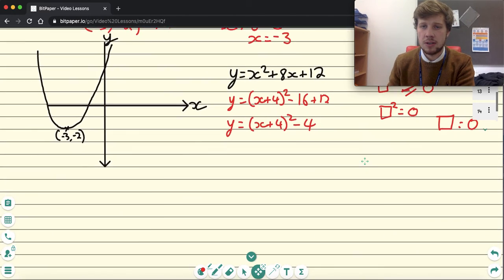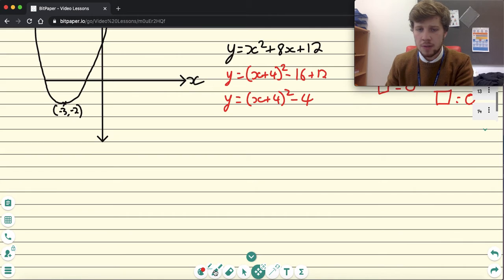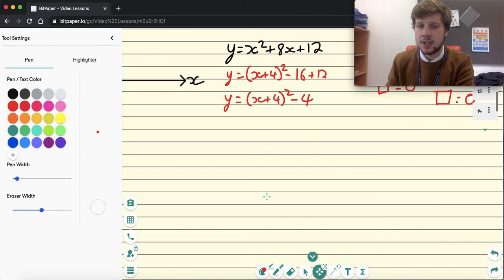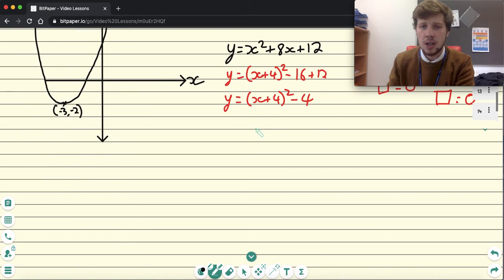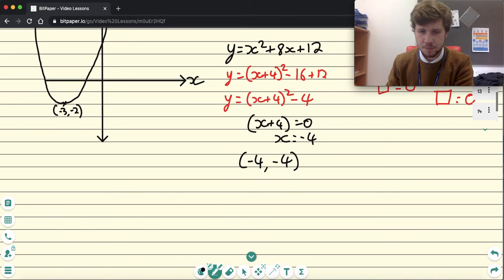I'm just going to scroll down and give myself some more room. From here then, I know what my turning point is. My turning point is going to have an x coordinate of negative 4, because that's when x plus 4 equals 0. X is equal to negative 4. And my y coordinate is negative 4 as well.